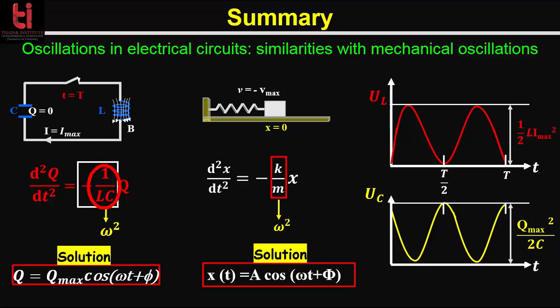So the solution is actually identical, only the physical quantities associated with the differential equation are different. And for this electrical oscillator, the energy contribution is from the electric potential energy stored in the capacitor and the magnetic energy, that is half L i square, stored in the inductor. And as there is no internal resistance, the total energy of the system is constant with time.